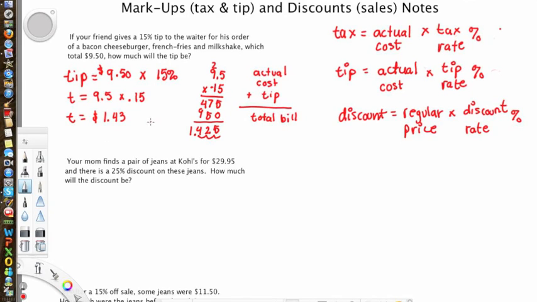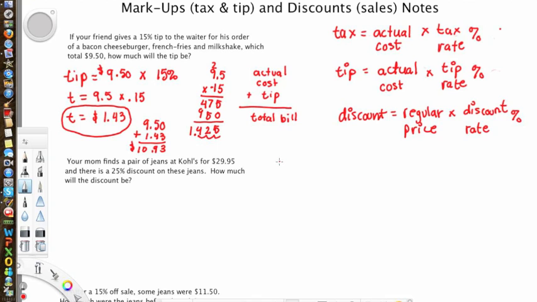This is just a little extra aside so that we're thinking properly. This is going beyond what the question asks. I'm taking the $9.50 plus the $1.43, and when I add that up, my grand total is going to be $10.93. But the question just asks, what is the tip? The tip would be $1.43.